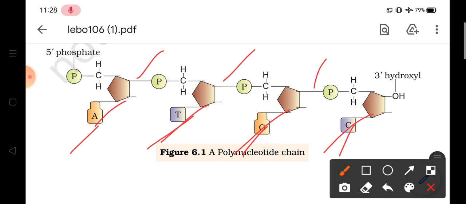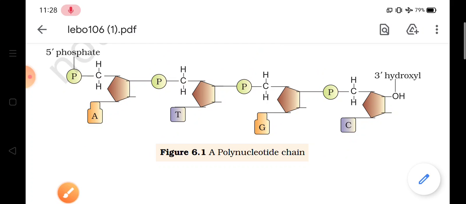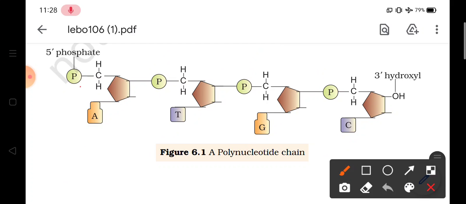So what we can say, backbone जो है it is formed due to sugar and phosphate. This is phosphate, then sugar, phosphate, sugar, phosphate, sugar. So backbone is formed by phosphate and sugar, and these nitrogenous bases are projecting outside from this sugar moiety. So this is about the structure of a nucleotide chain, polynucleotide chain.